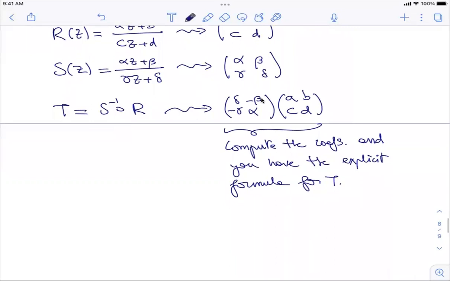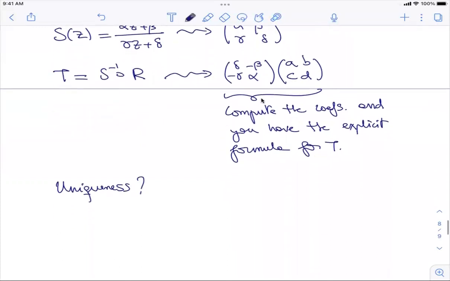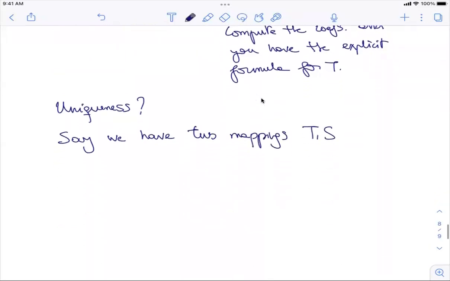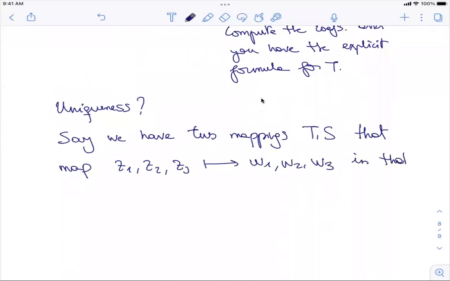So now, how do we show that this is the only possibility for such a mapping? So let's say we have two mappings, T and S, that map Z1, Z2, Z3 to W1, W2, W3 in that order.